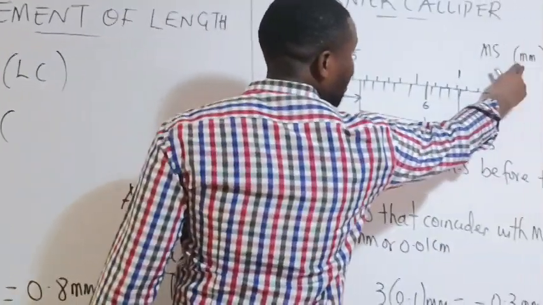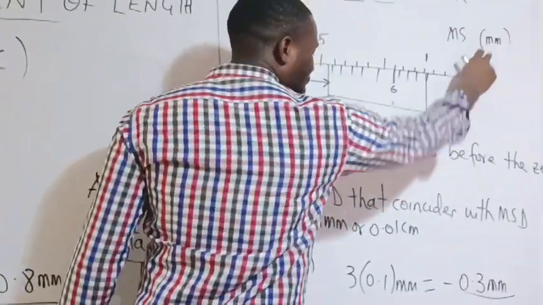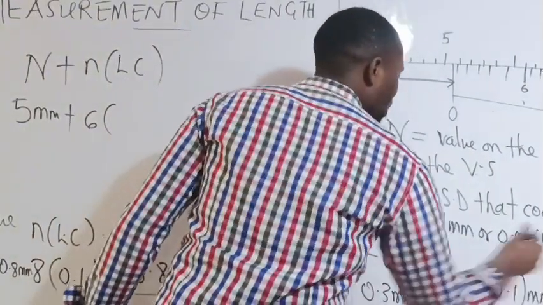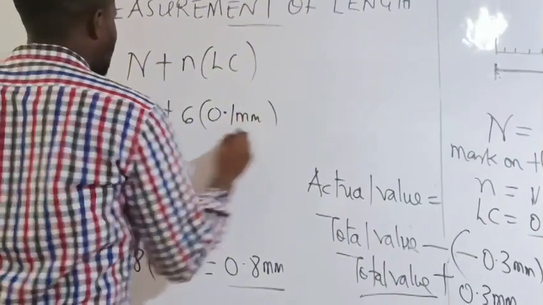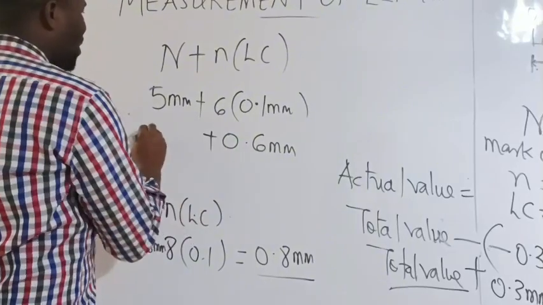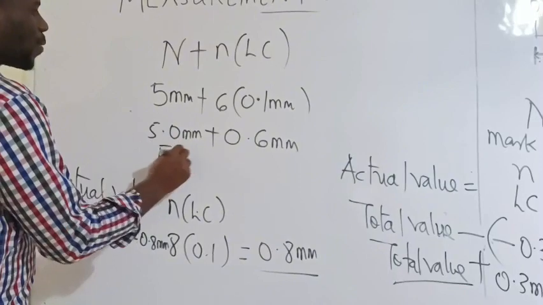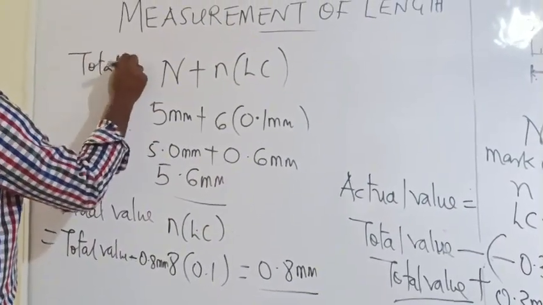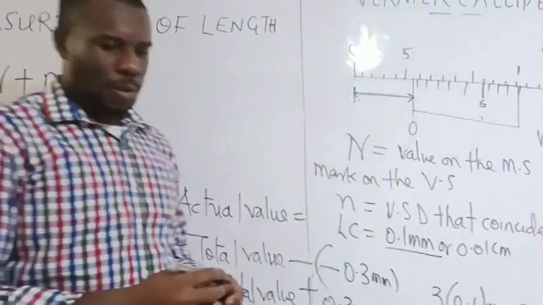This is in millimeter, so I will use 0.1 millimeter. If this scale had been in centimeter, I would use 0.01 centimeter. So this would be 0.6 millimeter, and I'm adding this to 5. I'll put it to 1 decimal place. If I add up, this gives me 5.6 millimeter. This is the total measure of the value of that object.